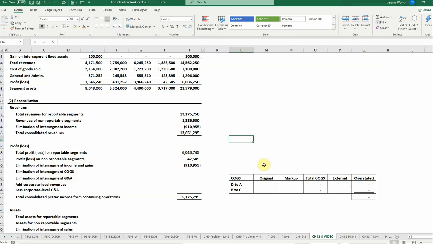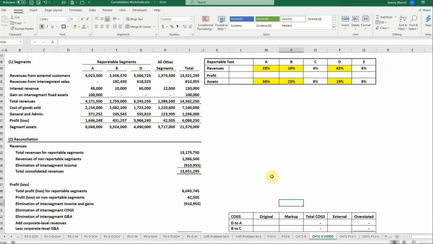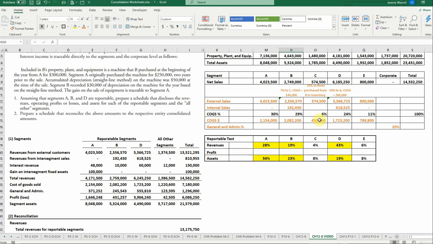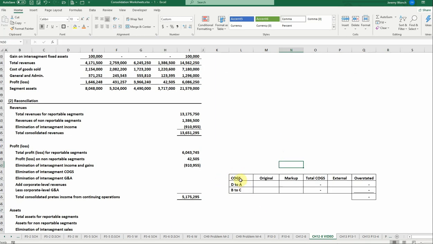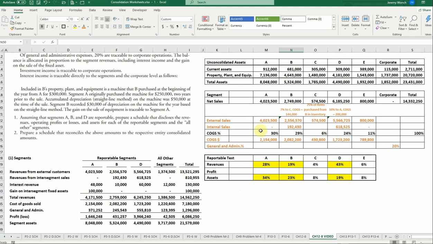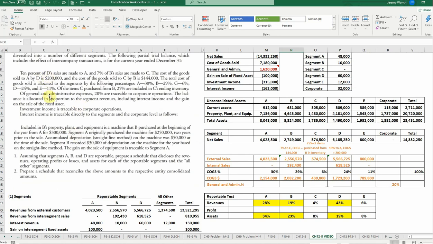And so there's a lot of information up in this problem, so let's break it down into a little schedule to make it just a little bit easier to see. So what it tells us is in our 2 intercompany sales, we had D sold to A and B sold to C. And so out of the cost of goods sold, it tells us in two places.